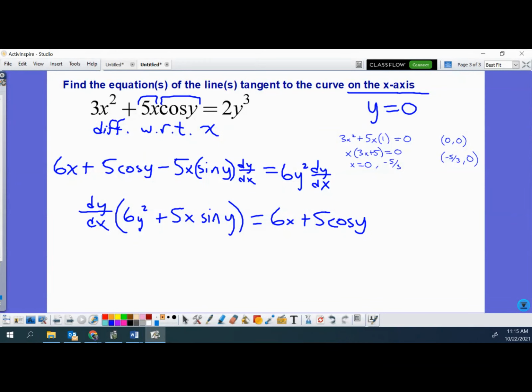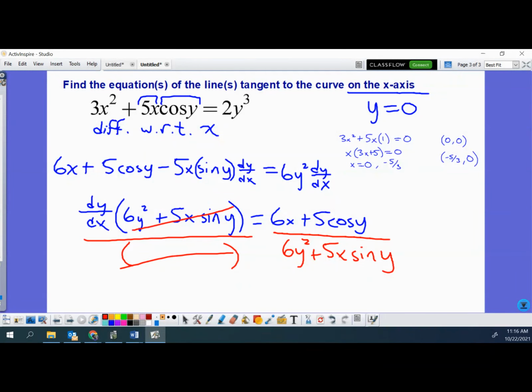And I want to solve for dy dx, so I'm just going to divide both sides by this junk in the parentheses here. Jump in if I do something dumb. All right. And I've got my dy dx, and that's what I'm going to use for the slope.